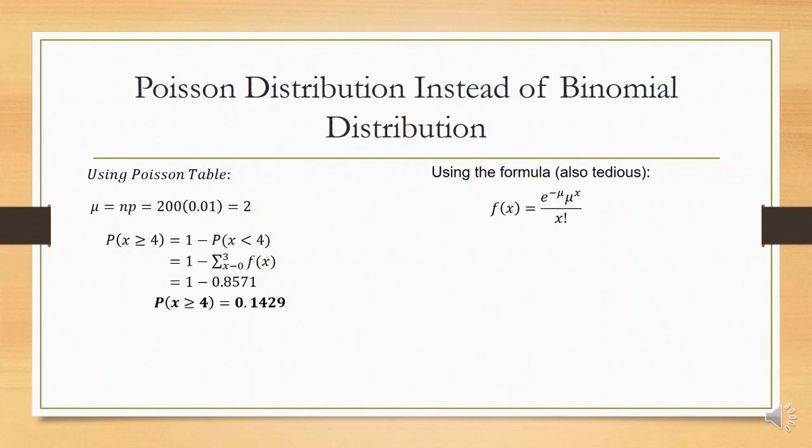So, sa Poisson, ang kailangan natin ay mu at saka yung r. No? So, yung mu natin, mahanap natin yun by multiplying yung n at saka yung p. So, makukuha natin yung 2. And in notation, kapag sinabi natin at least 4, ito yung notation natin, greater than or equal to 4.